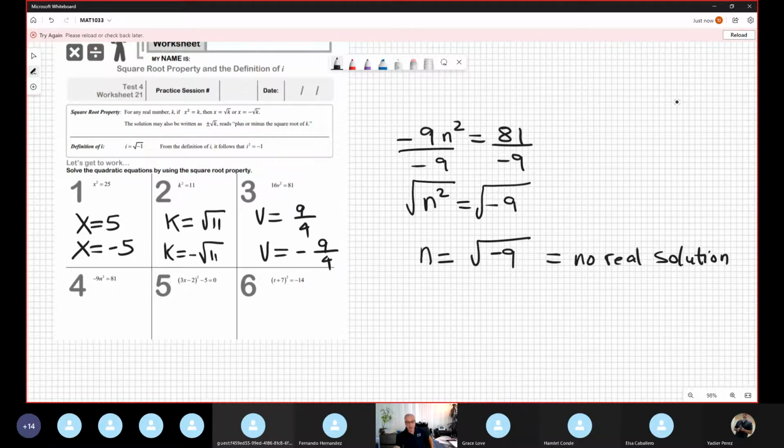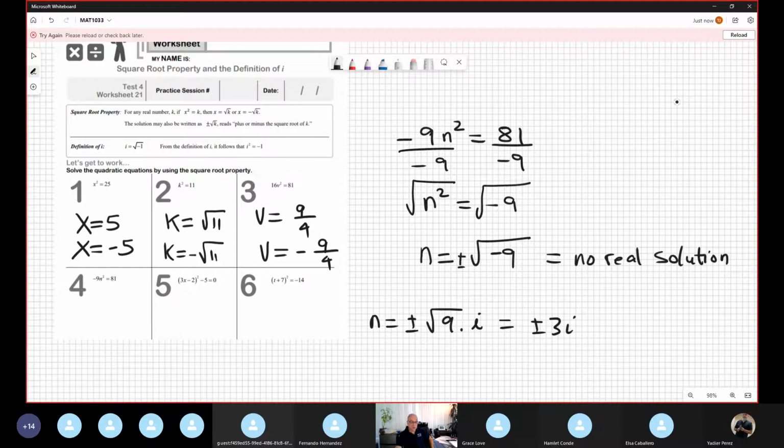Oh yes, we have solutions, plus and minus. Because I know the square root of a negative number is equal to plus and minus the square root of the positive number multiplied by i. And the square root of 9 is 3, so it's plus and minus 3.